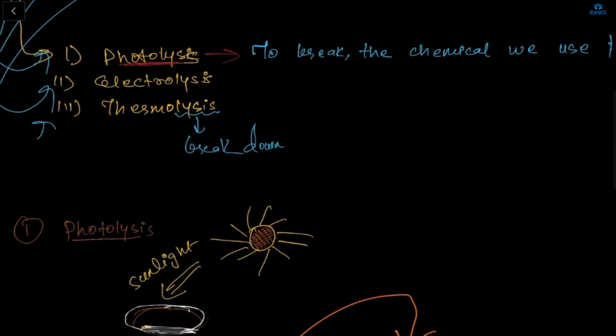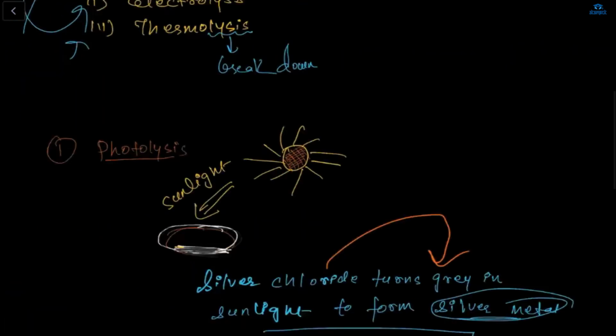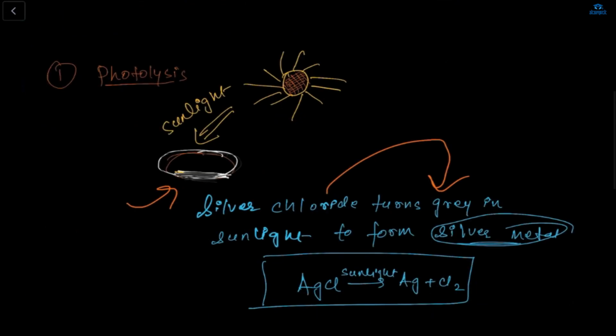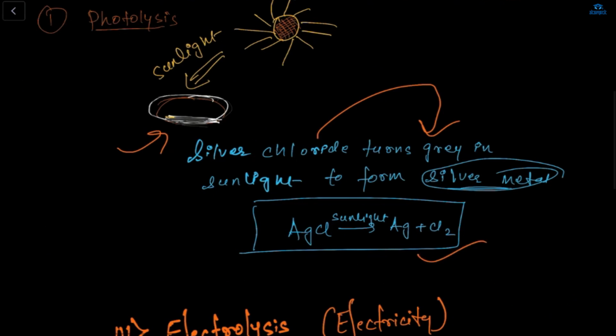So here the light is supplied to your silver chloride, and it turns from white into gray. So this is a reaction: if we keep AgCl in sunlight, it gets converted into Ag and Cl2.